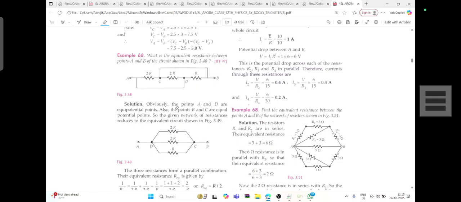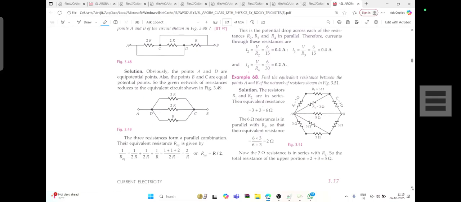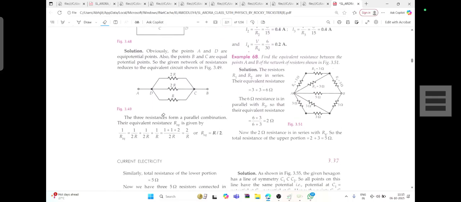So the resistance R lies between D and B, and the 2R lies between C and D, and the 2R resistance between A and C. That means the resistances shown here are in parallel combination.